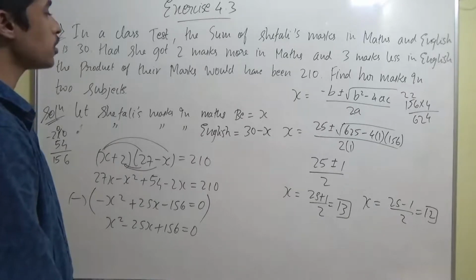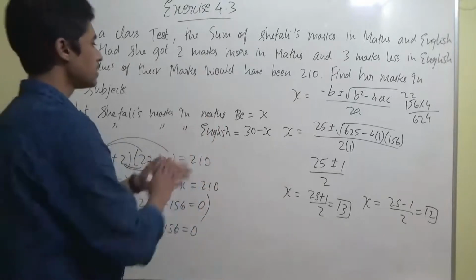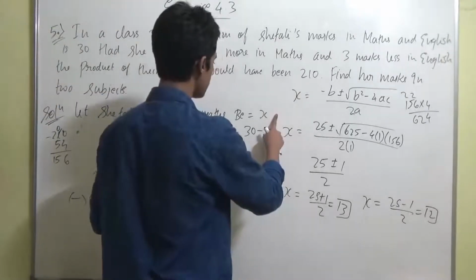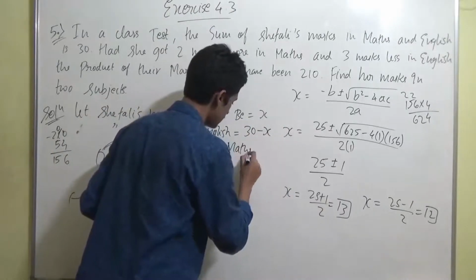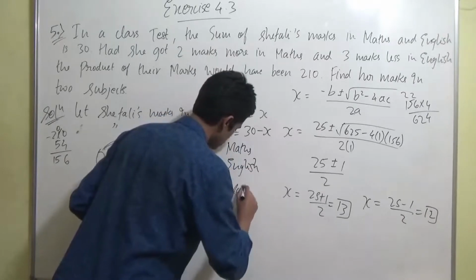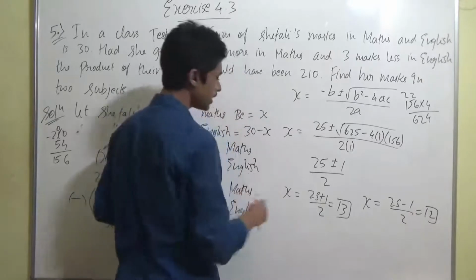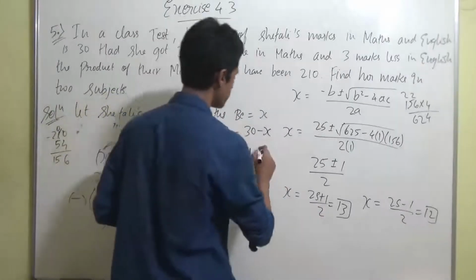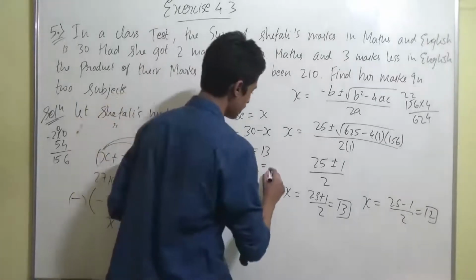I think there are two possible solutions. Either her marks in maths can be 13, or there are two cases possible. In the first case, if we consider her maths marks to be equal to 13, her English marks will be equal to 17.